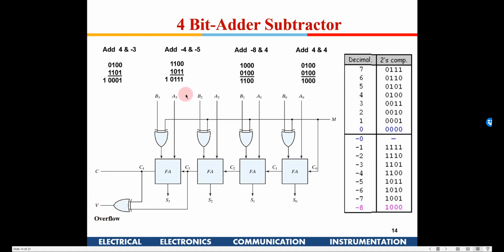Now here if you see, it is 1 plus 1 carry, 0 and 1 there is no carry. So if I take this carry and this, there is 1 carry here, there is no carry here. So if I do an XOR, there will be a 1 out here. That means there is an overflow condition. So it will detect the overflow here.